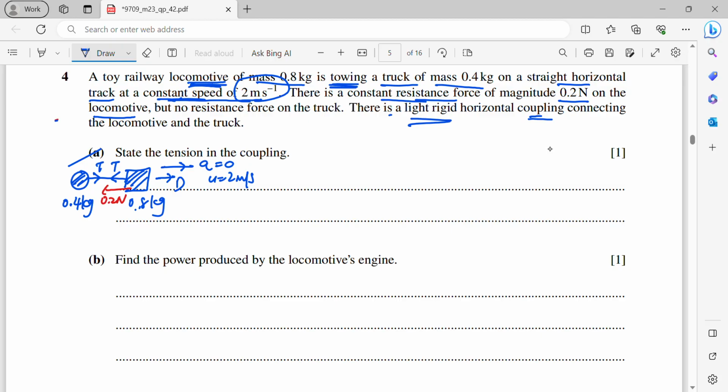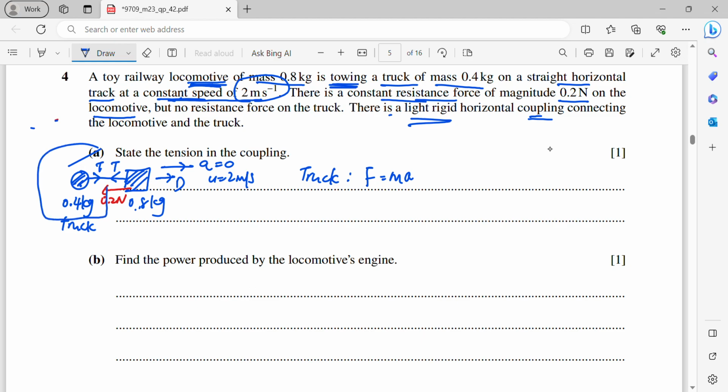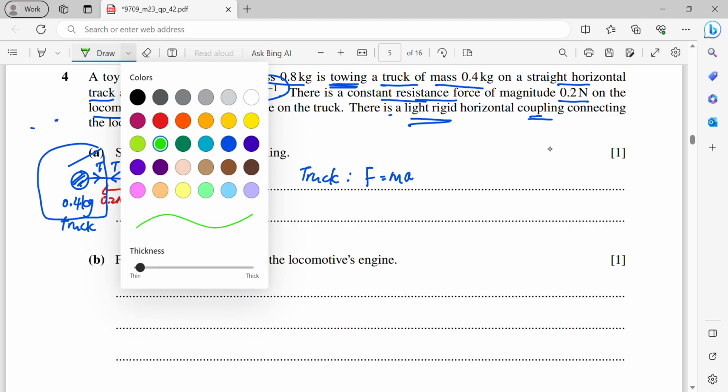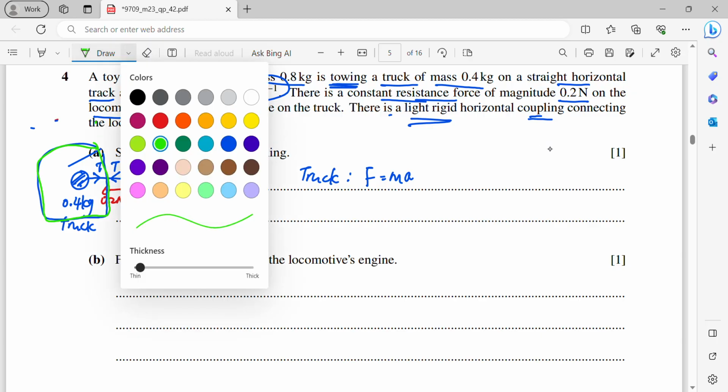Now A, state the tension in the coupling. For this, I can just refer to the truck. I use F equals ma, which is Newton's second law. When you refer to just this part, the truck, we only have one tension here.